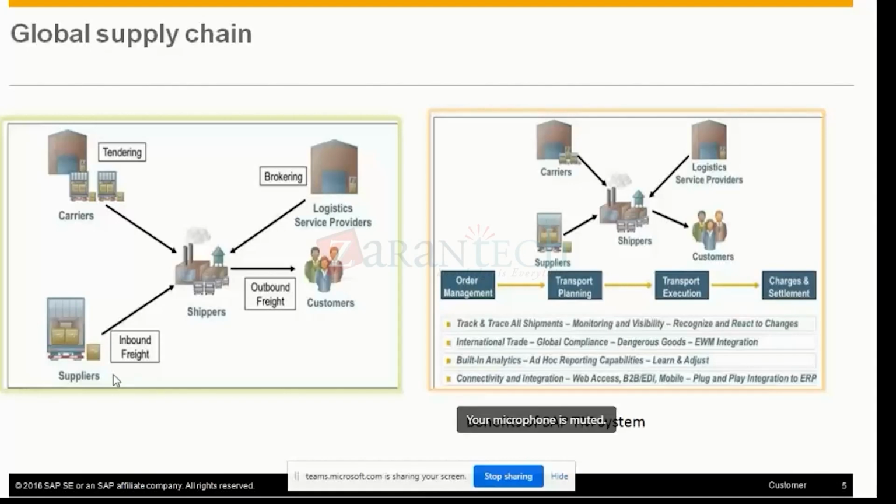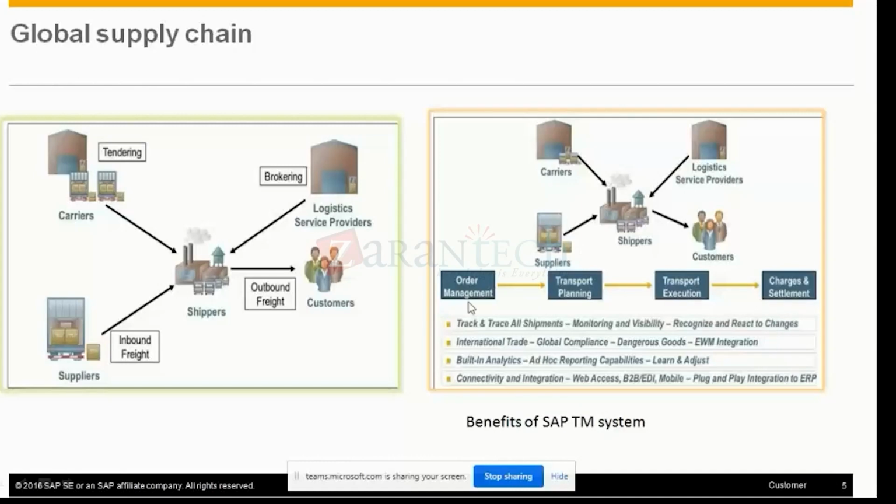Okay, and now what are the benefits of the SAP TM system? As I told you before, we have different pillars of transportation management. Before I come into SAP Transportation Management, you can see there are different core features available within any transportation process.